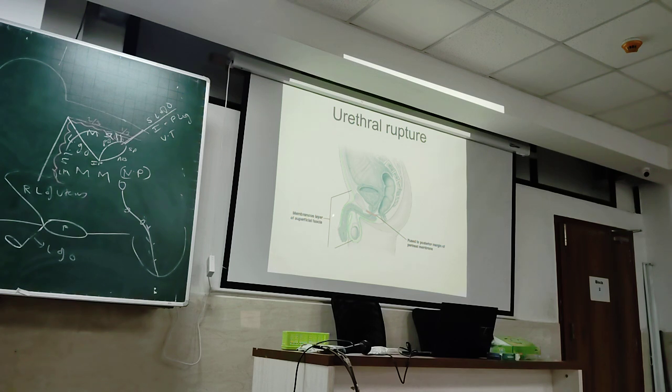It cannot go much into the penis because the Scarpa fascia becomes Buck's fascia in the penis, which is tightly adherent to the erectile tissue, and therefore urine can't extravasate much. But there is space in front of the pubic symphysis and the Colles fascia. The urine can extravasate to the anterior abdominal wall in the subscarpal plane.